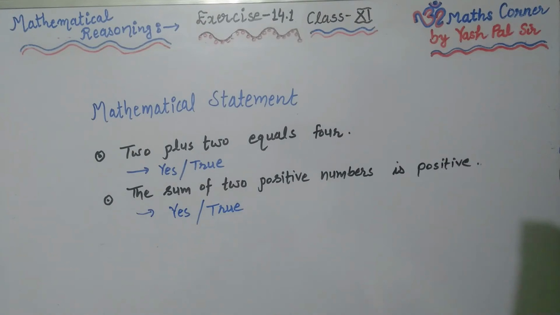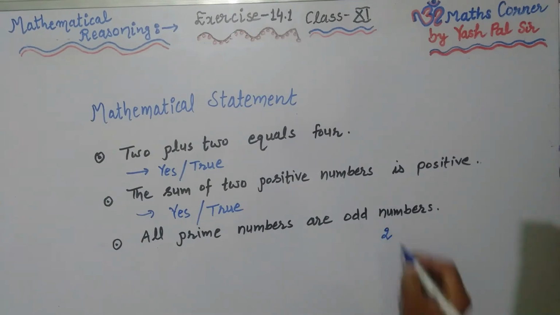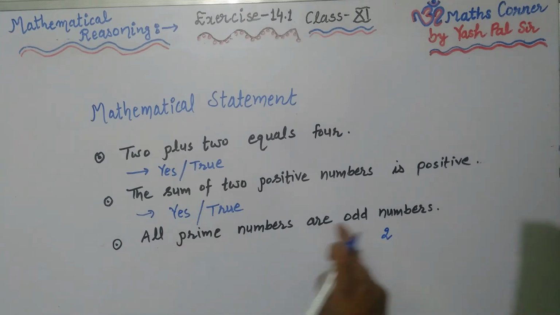Now consider one more sentence: all prime numbers are odd numbers. Now, what is the answer? We know that 2 is the only even prime number. So we cannot say that all prime numbers are odd numbers, because this is contradicting.